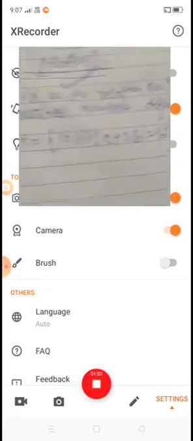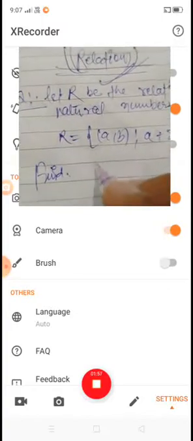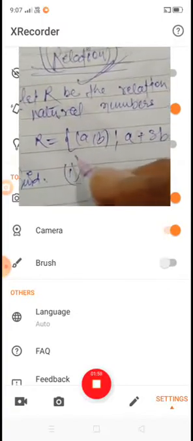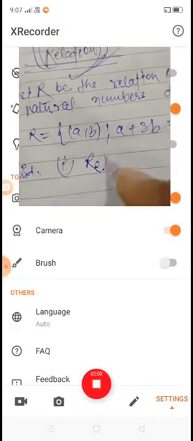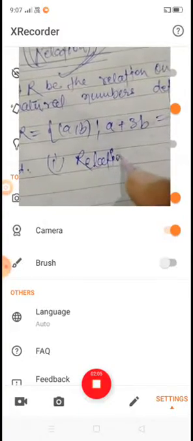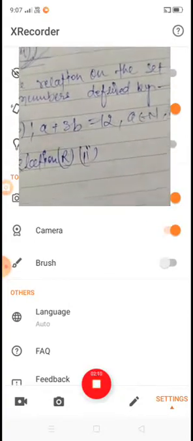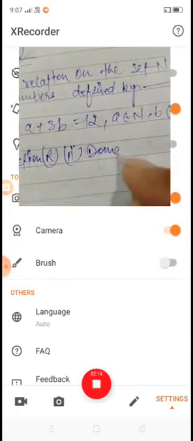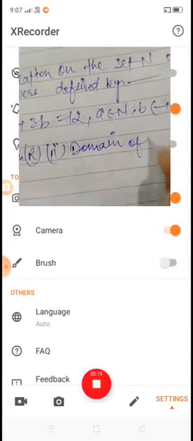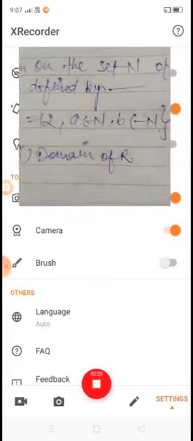Okay, and you find, first, the relation R. Second, the domain of R, which means the domain of a relation.